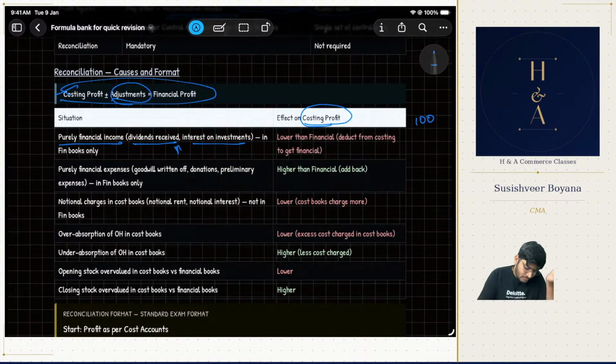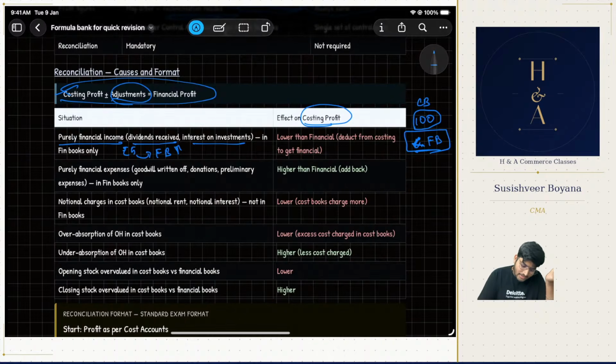I've received 5 rupees as dividend. This 5 rupees ideally is going to be in financial books and not costing books. That means costing profit is going to be less than financial books.